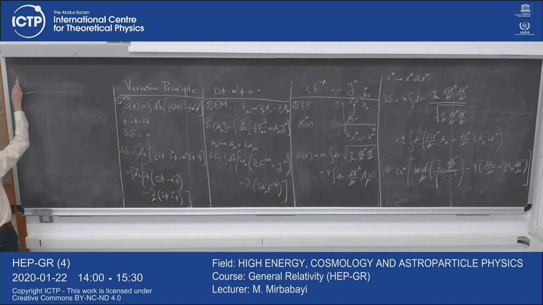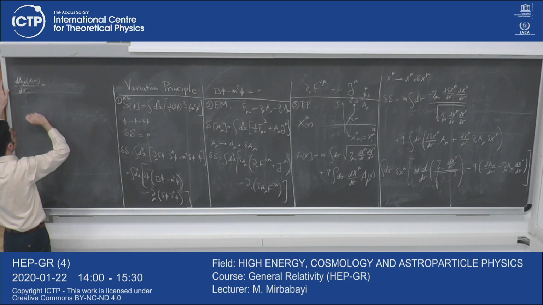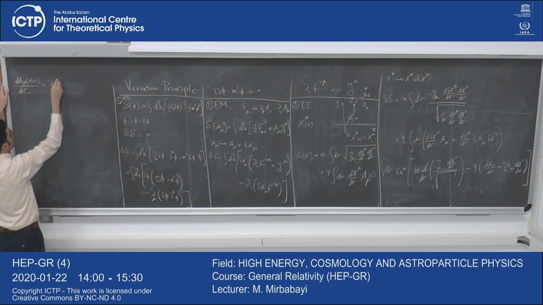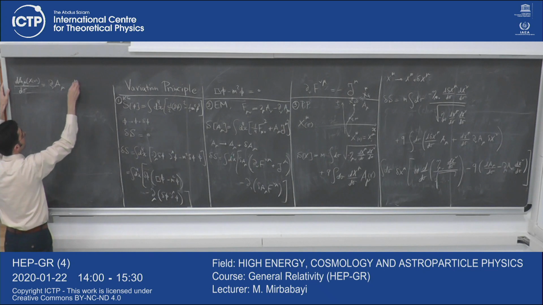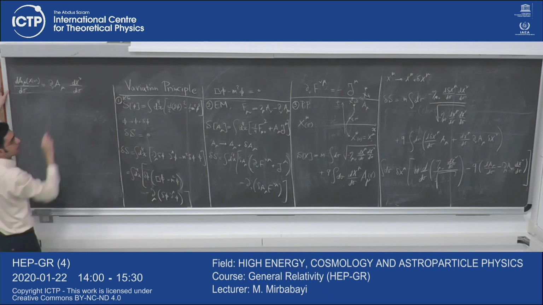So first simplification is that dA_μ/dσ can be related to the velocity, because the way A_μ depends on σ is implicit, is through its dependence on x. So this A_μ, you remember, is a function of x, which is itself a function of σ. Therefore, dA_μ/dσ is ∂_ν A_μ times dx^ν/dσ.